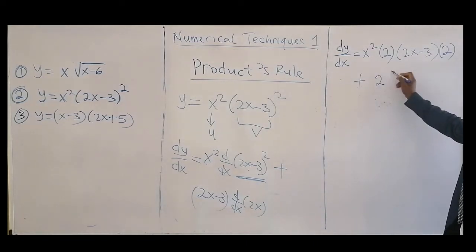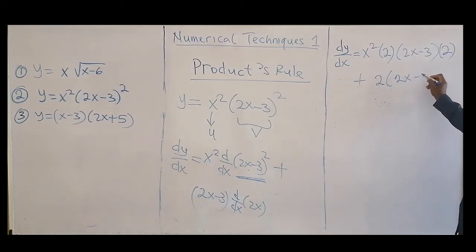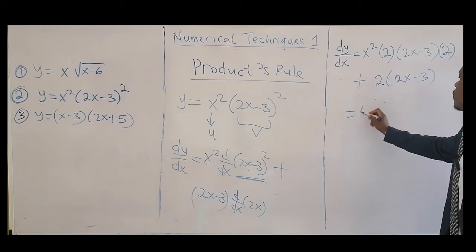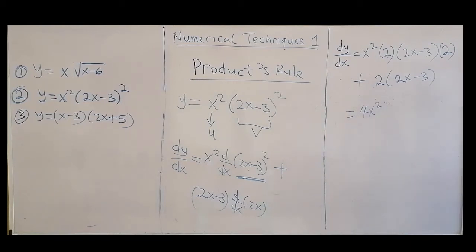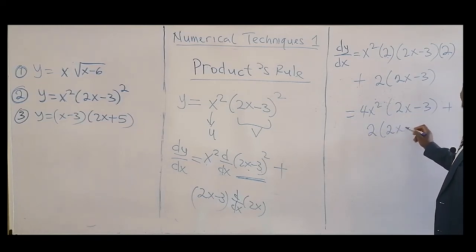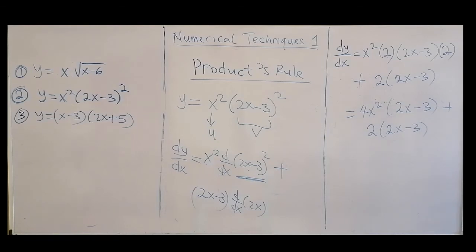So that's 2x into bracket what? 2x minus 3. So we now have 2 times 2, that's what? That's 4x squared into bracket what? 2x minus 3. Okay? Then plus what? Plus 2x into bracket what? 2x minus 3. So that finished the work.